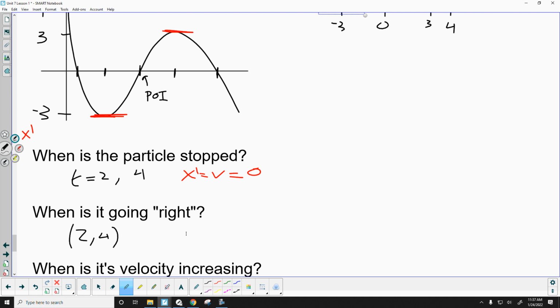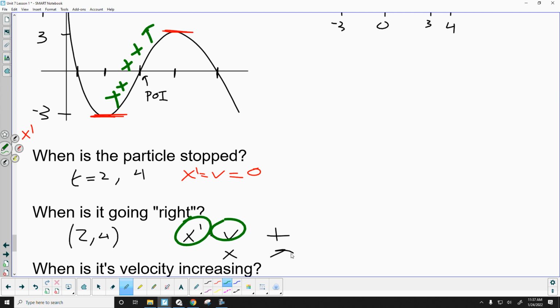Wait, no. When x prime, which equals v, is positive, that's when x is increasing. 2 to 4, I'm going from -3 all the way to 3. My slopes are positive. X prime, which is v, is positive. X is increasing.